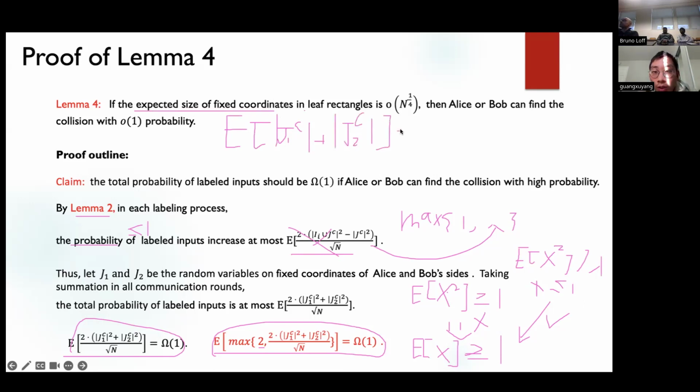We want it to be omega n to the 1/4. Now we have this condition. This doesn't imply it is true, false, but this condition can imply it, since there is an upper bound for each value.